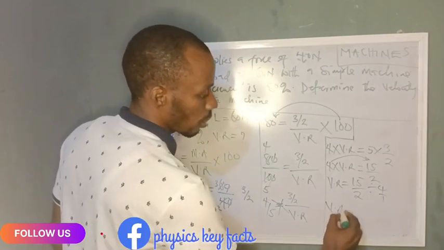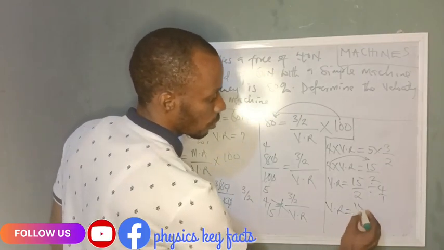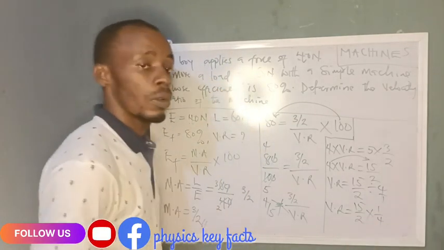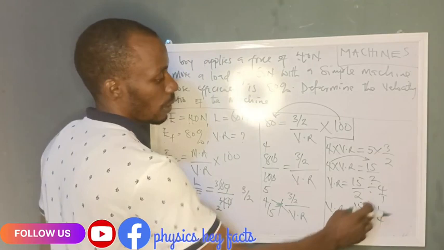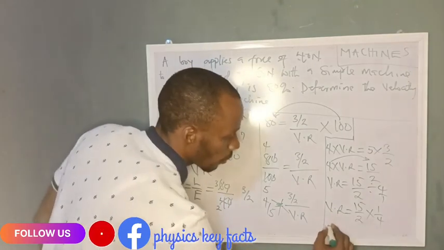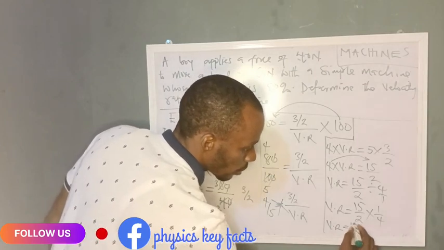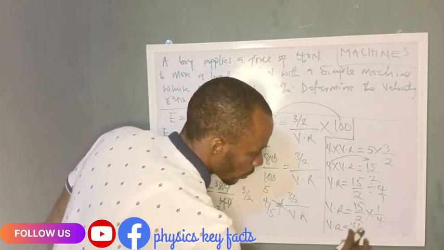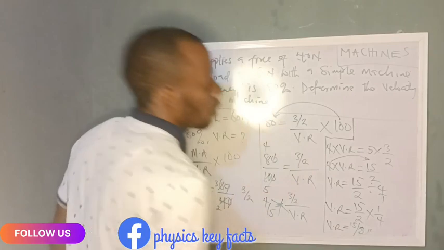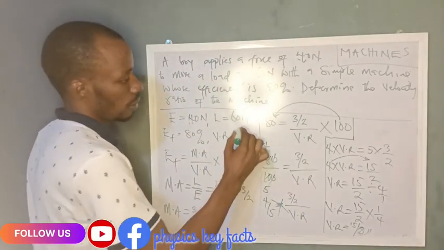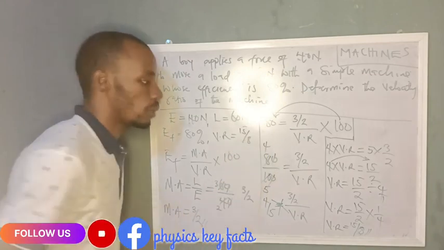So our velocity ratio is 15 over 2 multiplied by 1 over 4. 15 multiplied by 1, 2 multiplied by 4, we have velocity ratio as 15 over 8. So my velocity ratio is simply 15 over 8.